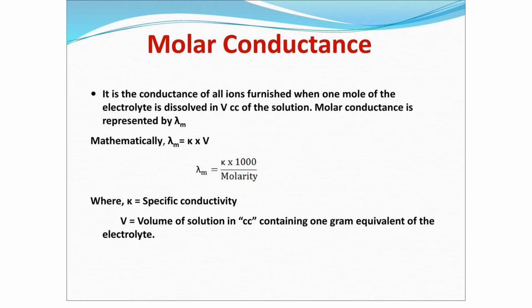It can be represented as molar conductance equal to specific conductance into 1000 divided by molarity, since the volume of the solution is 1000 divided by molarity, where K is the specific conductivity.